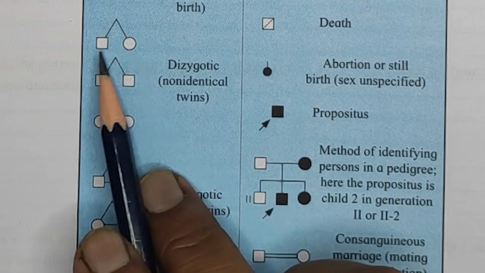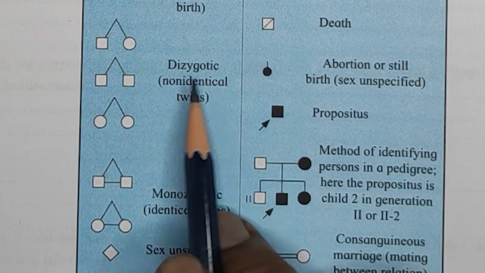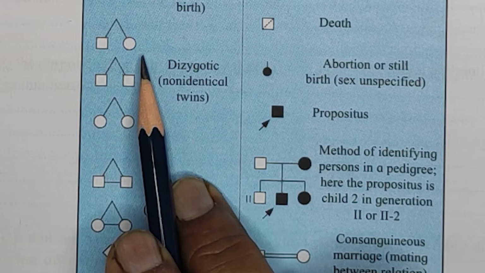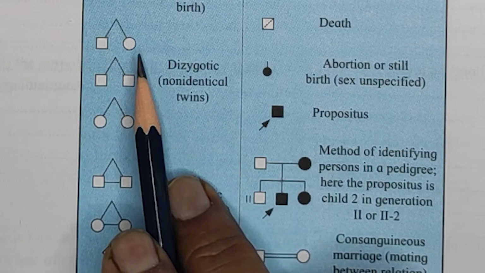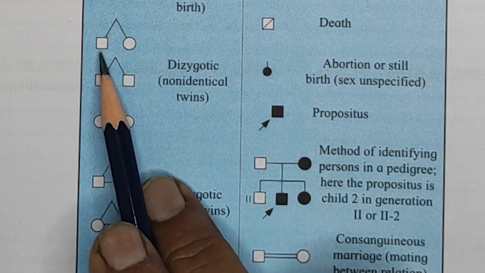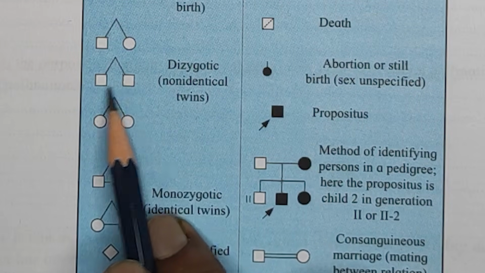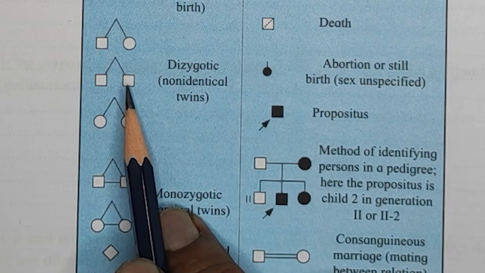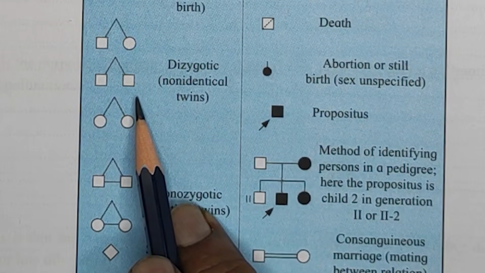So here both are not identical, they are dizygotic. Dizygotic means they are produced from 2 different zygotes, so that's why they are not identical. They grow in the womb at the same time and take birth one after the other. Here one is a male, other is a female, one son, one daughter. Here both are sons and here both are daughters, but still they are not identical, because they are dizygotic twins.